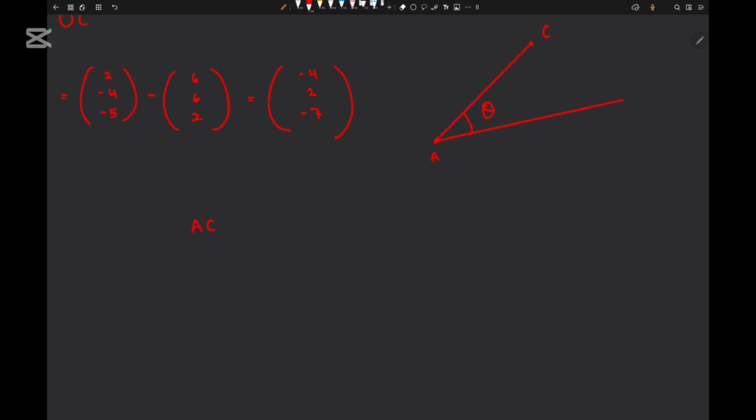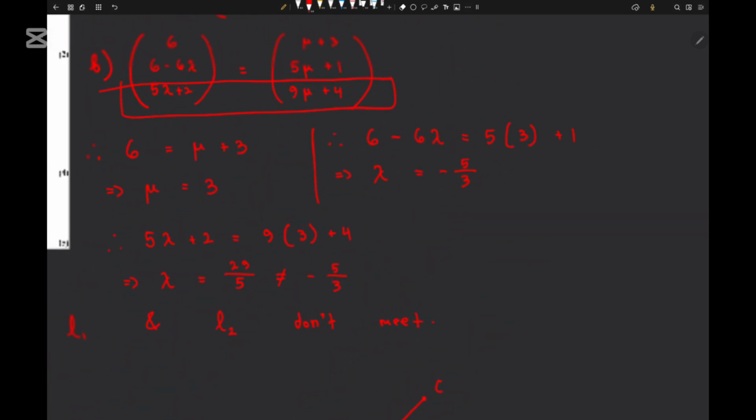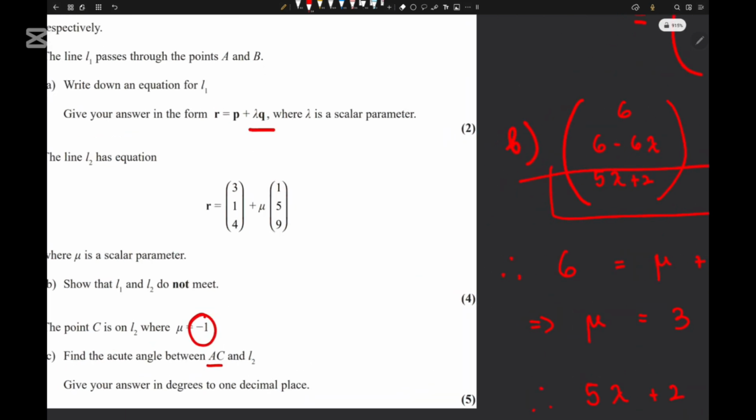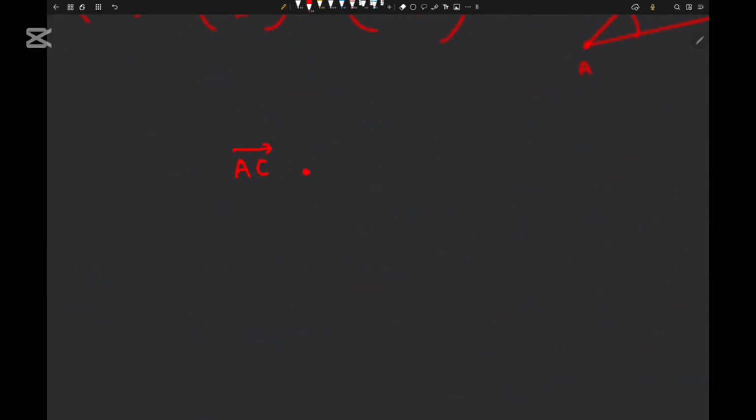Using the scalar product, we can say that the AC vector multiplied by the gradient of line L2. The gradient of line L2 will be 1, 5, 9. So that's 1, 5, 9. This will be equal to the modulus of both of these vectors.